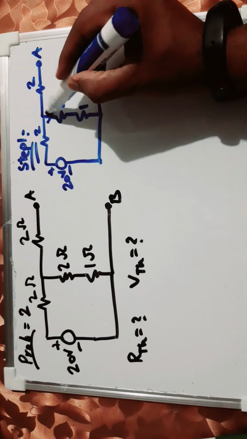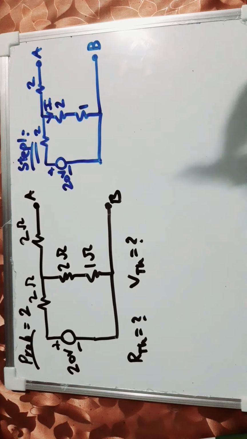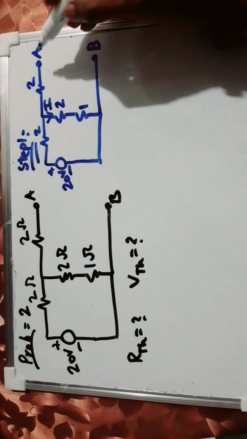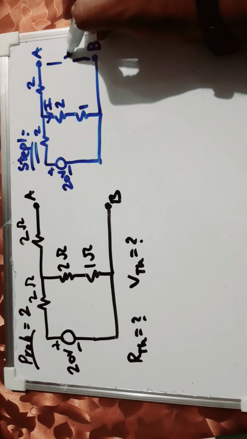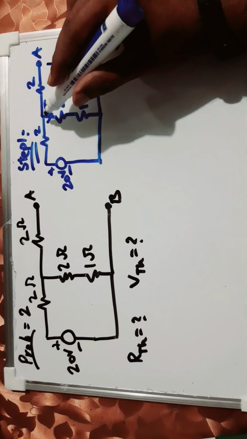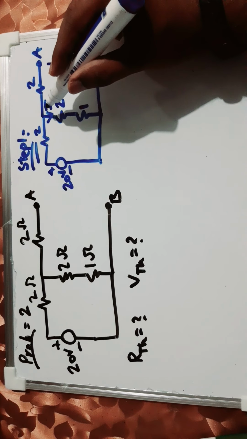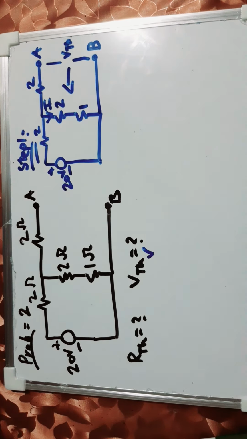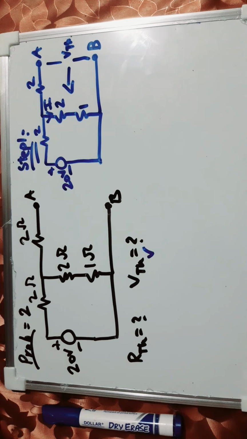So we have to find current here. Why do we have to find current here? Because we have to find Thevenin voltage here, that is parallel to this branch, so we will find current in this branch, and after finding current, then we can easily find the voltage. So how will we find the current in this branch?